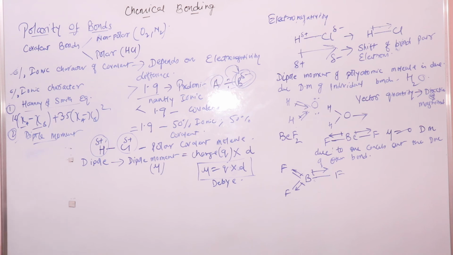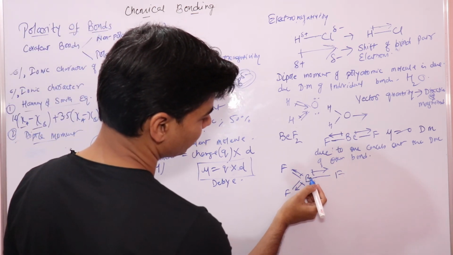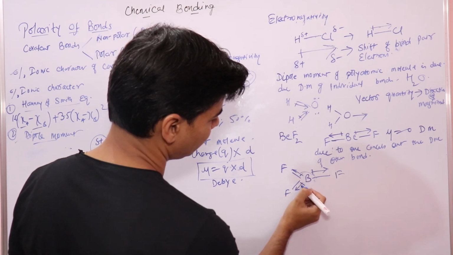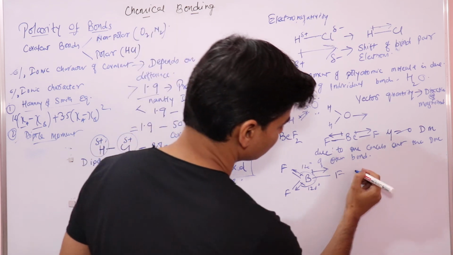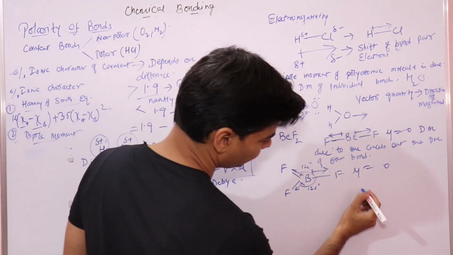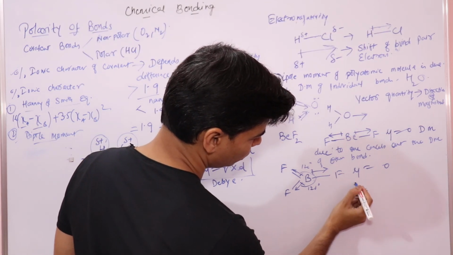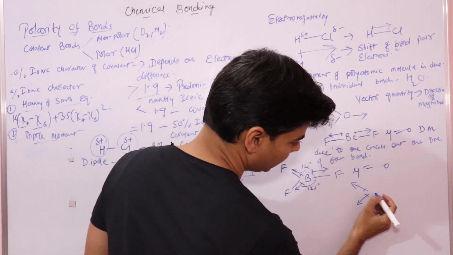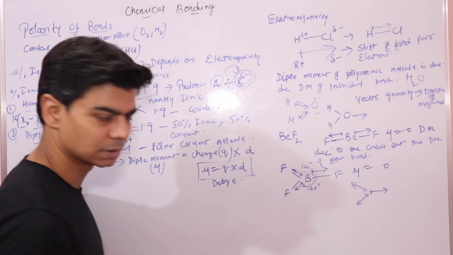The BF bonds are oriented at an angle of 120 degrees to one another. Both these boron-fluorine bonds have an angle of 120 degrees between them, so here also the dipole moment is 0. Why? Because if you draw the vectors, the dipole moment due to these two bonds will be cancelled out by this dipole moment, which is in the opposite direction.